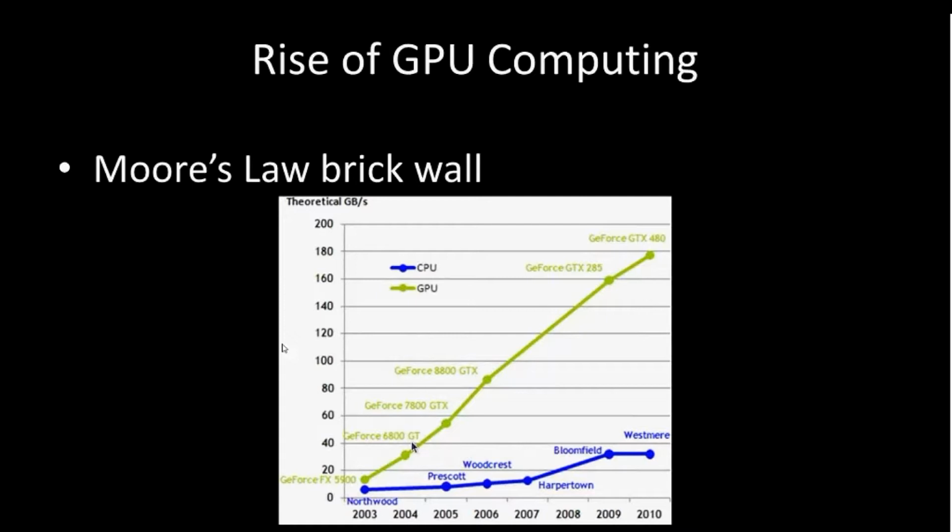And this is due to the fundamental physical limitations of the different architectures. Whereas CPUs cannot continue to increase in clock frequency, GPUs can continue to add more cores and more parallelism to the problem.